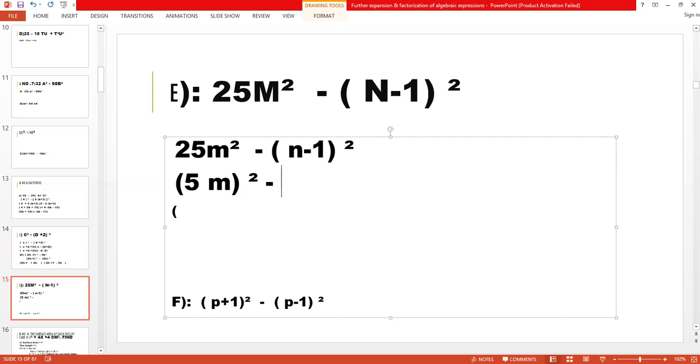And 1 time you have to subtract, so that we will get the solution of this third identity. Okay. So this one is the first term, that is 5m. This one is the second term, that is n minus 1. Because 5m into 5m is equal to 25m square. So n minus 1 whole square.